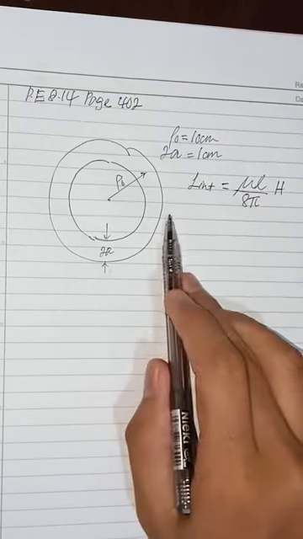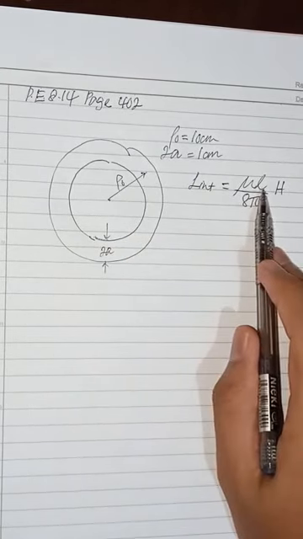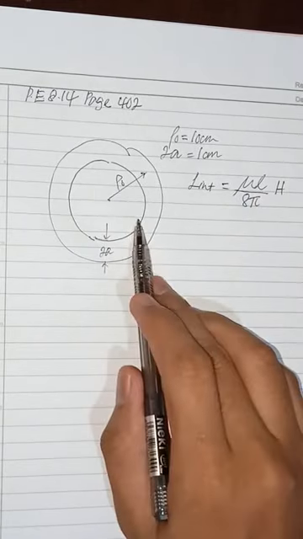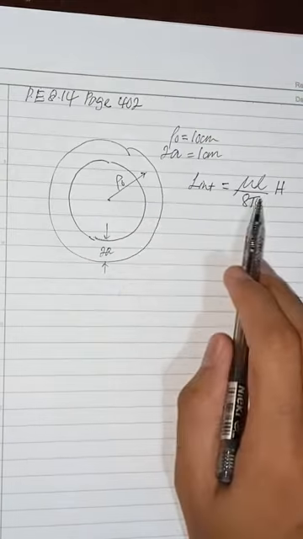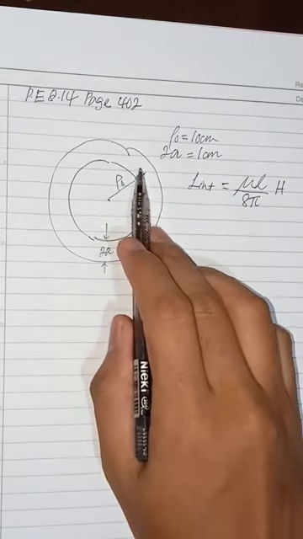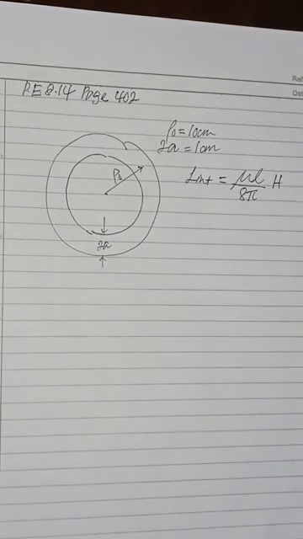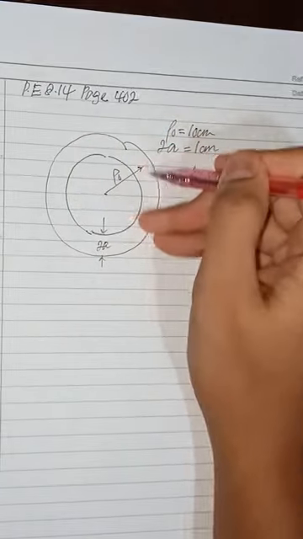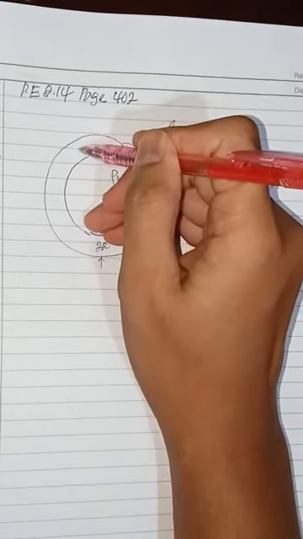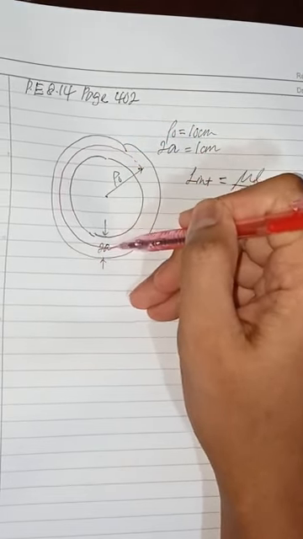Since the wire is now bent into this circular loop, we have to ensure that we use the right length value. From here, the effective length comes from the length of the circumference, which we can see here is the circumference line of this circular loop.